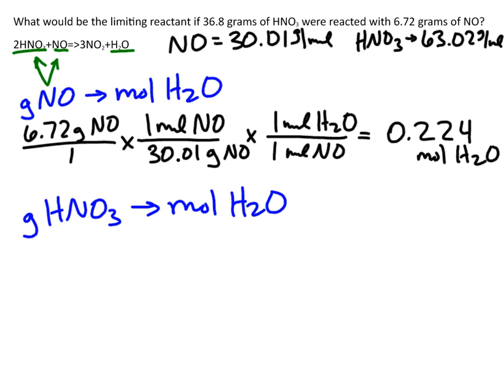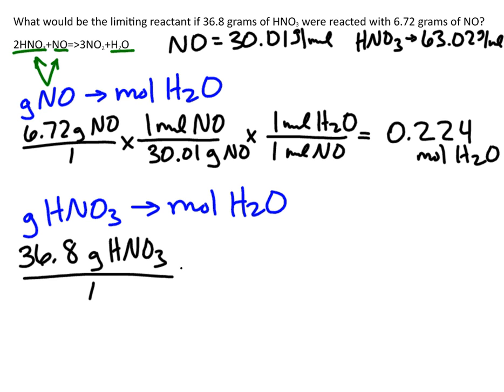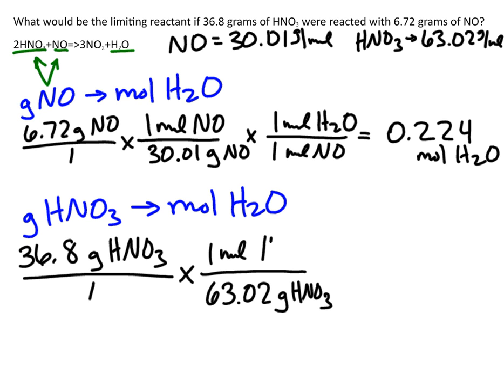Now I'm not done yet. All I did was find out if I had 6.72 grams of NO, how many moles of water I can make. Next I'm going to do the same process but with the nitric acid. So I started off with 36.8 grams of nitric acid. Put that over 1. And my molar mass of nitric acid is 63.02 grams of nitric acid for every 1 mole of nitric acid.